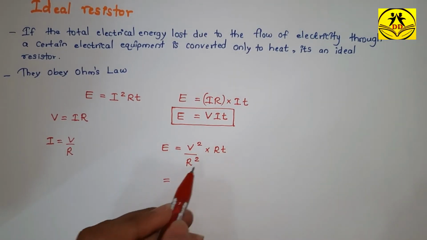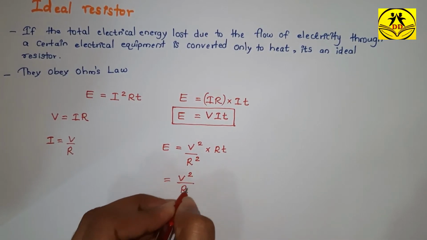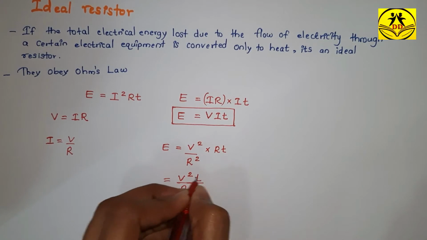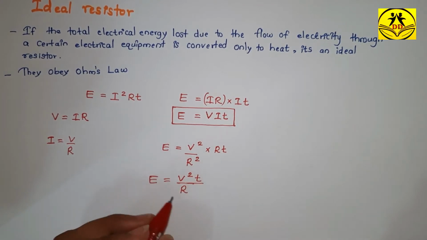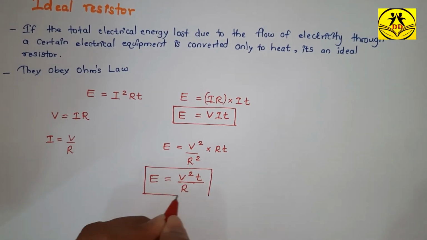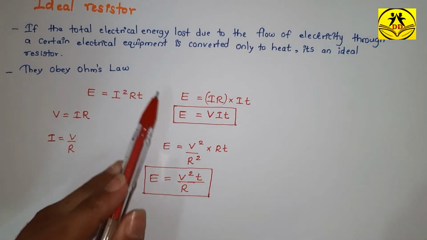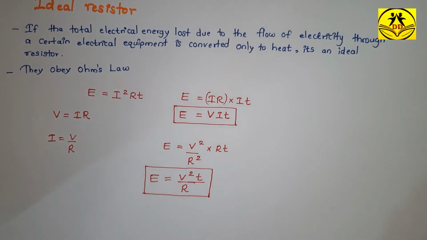One R to one R gets cancelled, so we get V squared over R times T, equals V squared T over R. This is another equation we can derive from the equation we derived earlier.